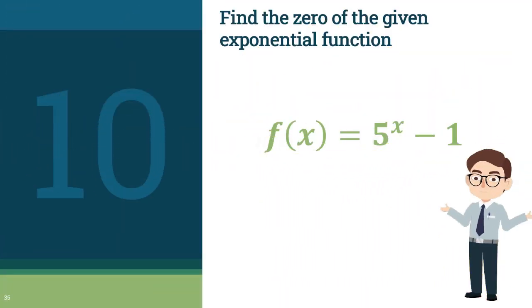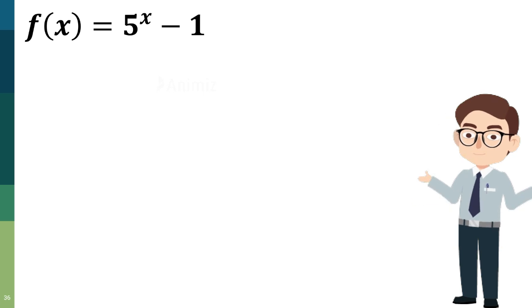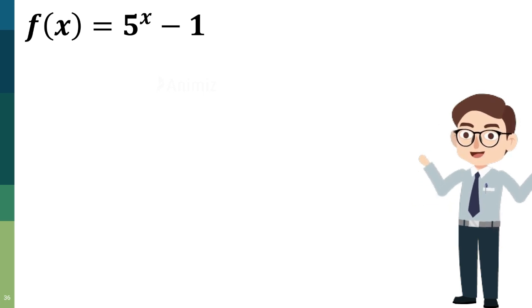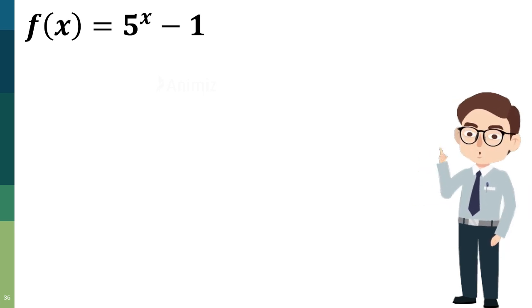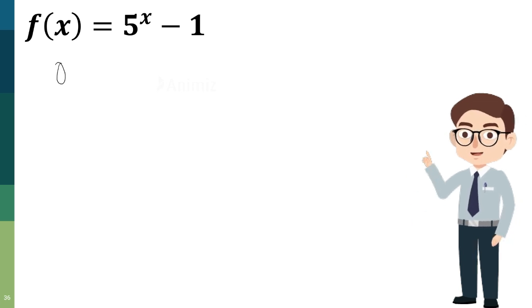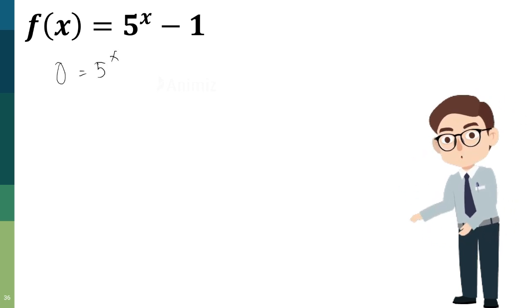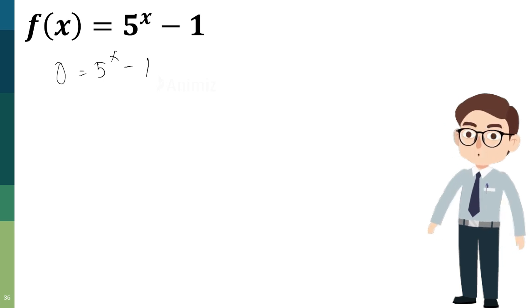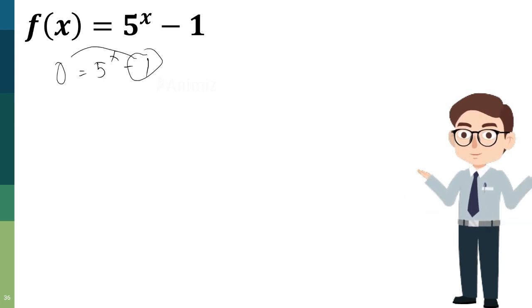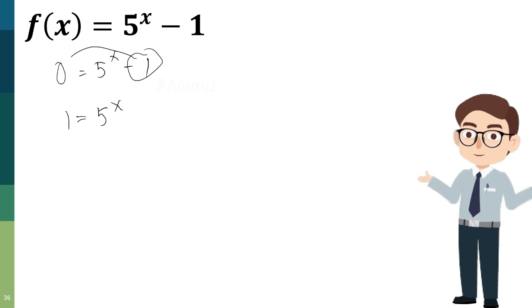For example, find the zero of the given exponential function f of x is equal to 5 raised to x minus 1. To solve for the zero, we will equate the whole exponential function to 0. That is, 0 is equal to 5 raised to x minus 1. We will transfer negative 1 to the other side of the equation. That is, 1 is equal to 5 raised to x.